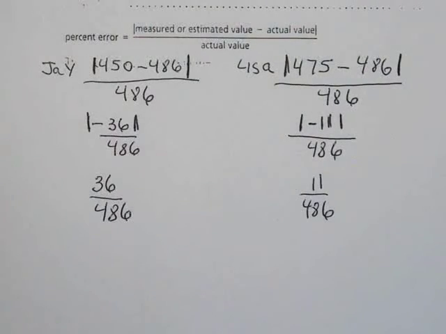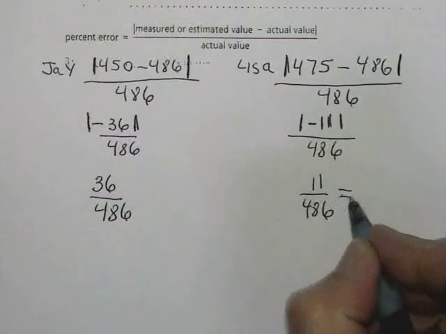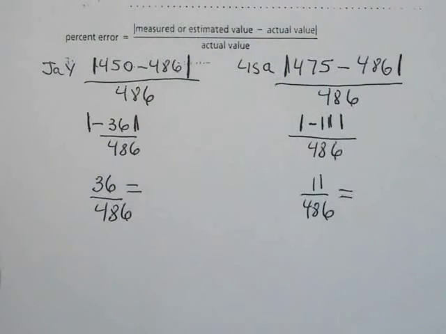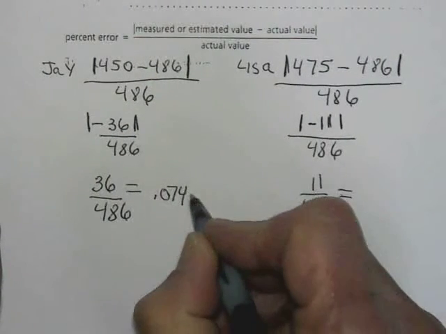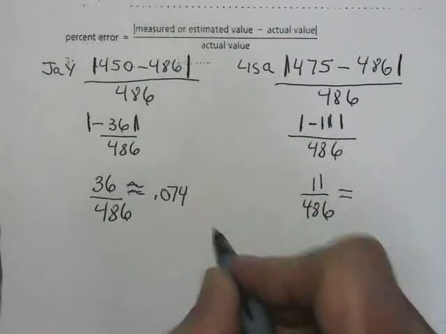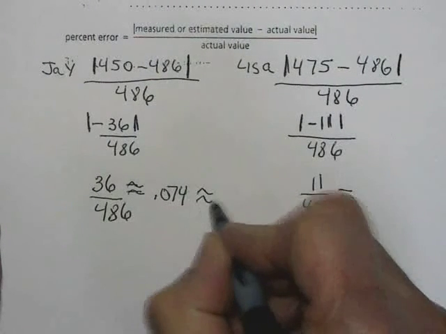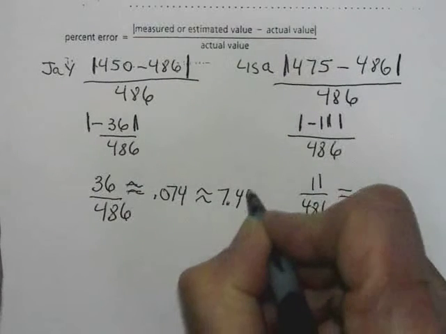Using a calculator to get a decimal and then a percent, I could see that Jay would be approximately 0.074. I'm sorry, I used an equal sign. It should be an approximate sign, which would be approximately 7.4%.